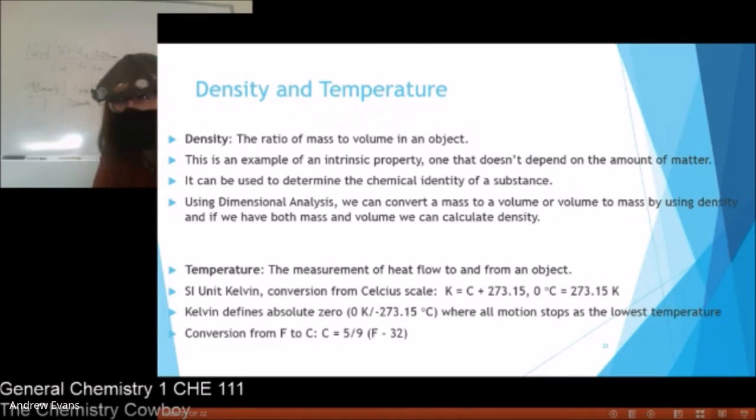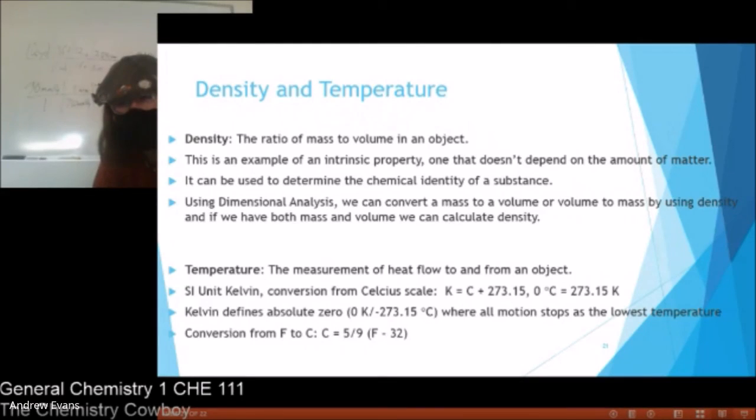We're going to use density to figure out what an object is based on the mass to volume ratio. Is it aluminum, which has a low density, or is it lead, which has a high density? We can convert a mass to a volume and a volume to a mass using density. There's 3 numbers: density, mass, and volume. If you ever have 2, you can always calculate the third.